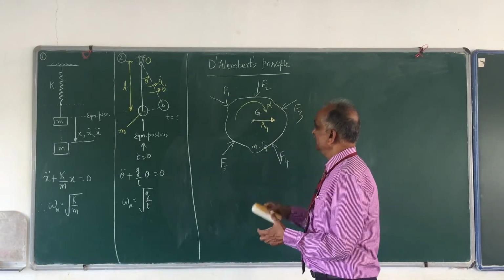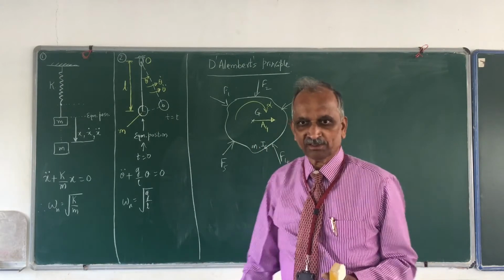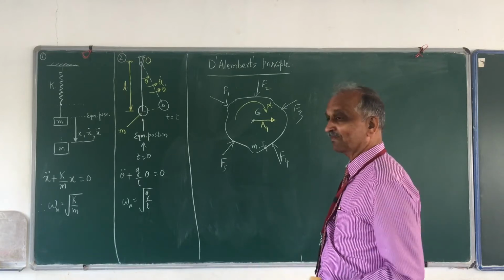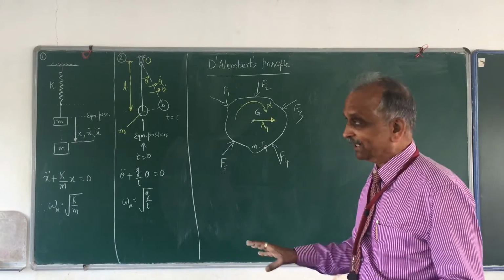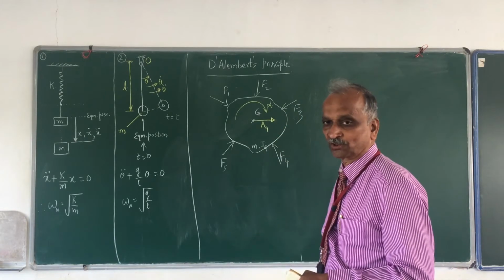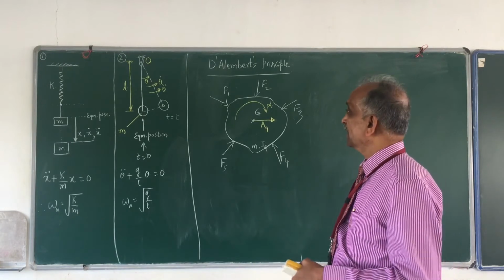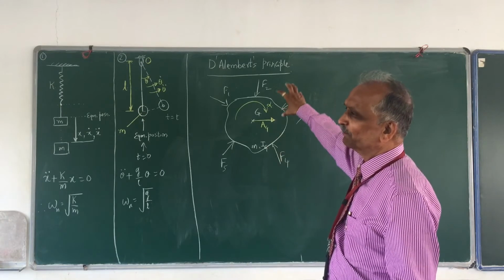Since it is having motion, I cannot apply equilibrium conditions. But I would like to imagine a certain force and a certain moment and bring this body to stationary mentally.